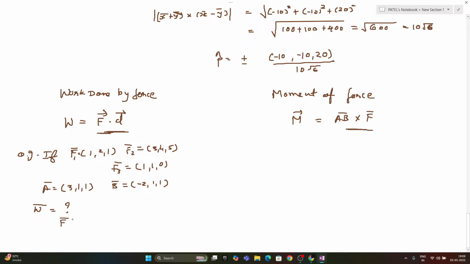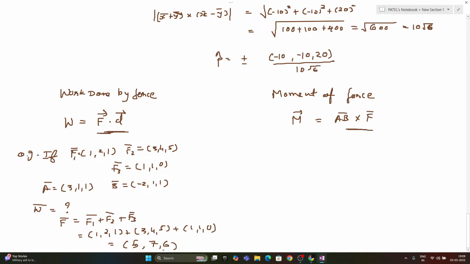So first of all, find the total force, that is F1 plus F2 plus F3. If you do the addition of all the forces, it is 1, 2, 1 plus 3, 4, 5 plus 1, 1, 0. Add them: 1 plus 3 plus 1, it is 5. 2 plus 4 is 6, plus 1, 7.